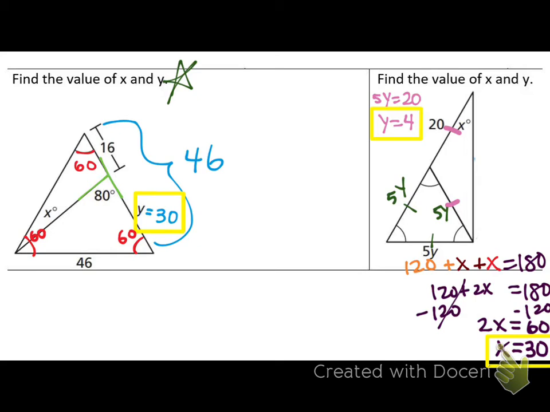What's the measure of this angle then? 100. And then you just got a triangle, right? So you got 60 and 100, which makes 160 from 180 means x is 20. That's it. That's the end of chapter 5.